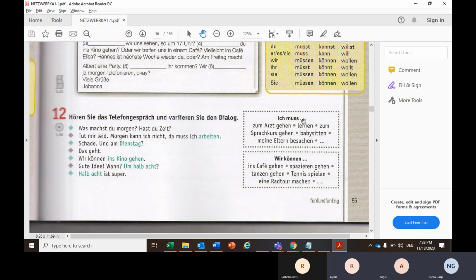Das geht. Das ist okay. Wir können Tennis spielen. Gute Idee.